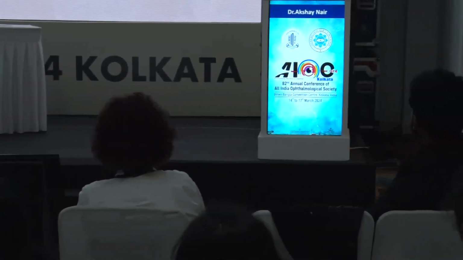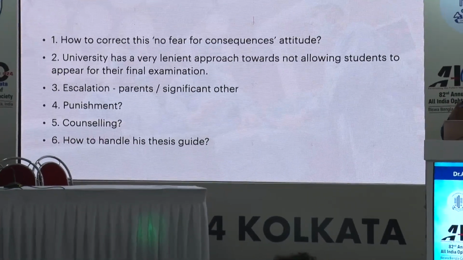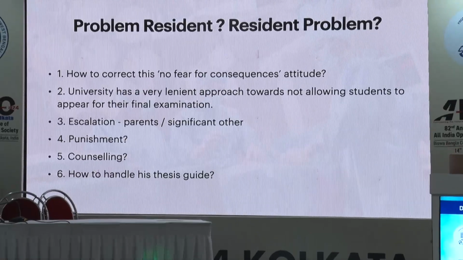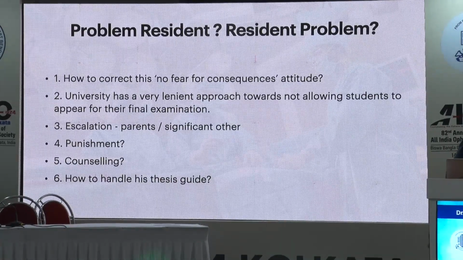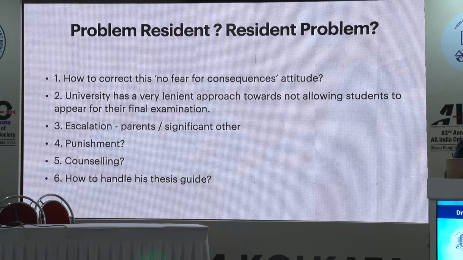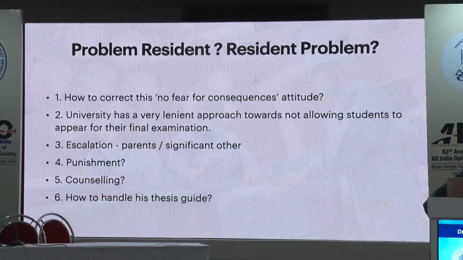I don't know what happened. I know the resident graduated. The thesis guide ran away. Yeah, the resident we had two years ago was not allowed by the university to appear for the final exams. That resident hasn't appeared for the final exams since they were due in 2022.